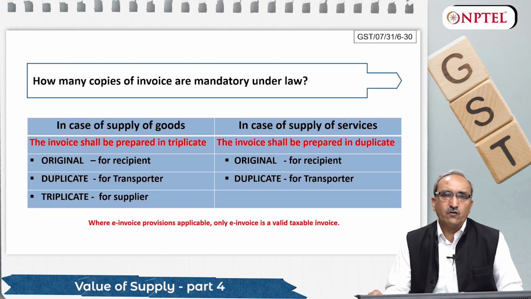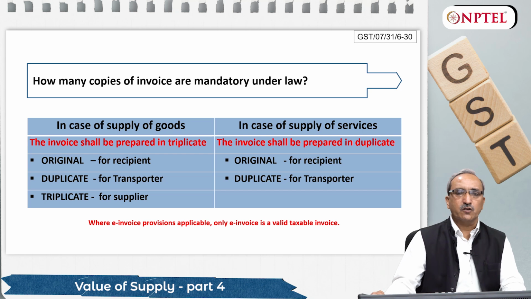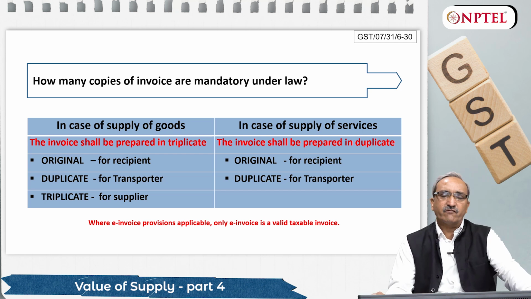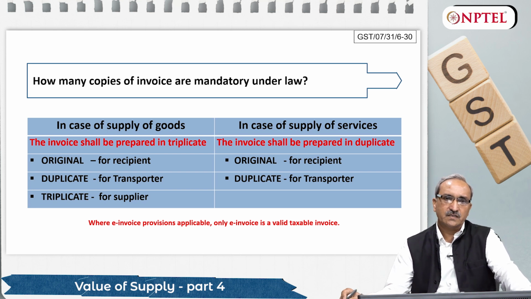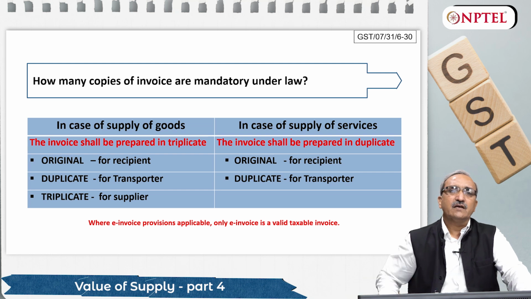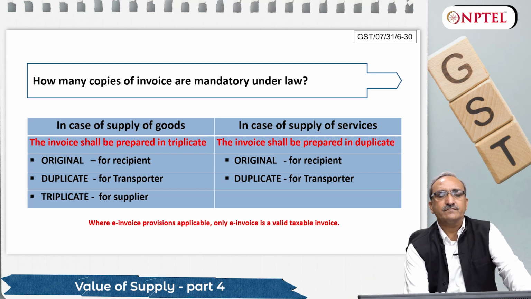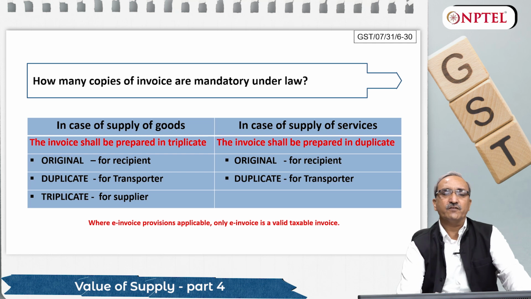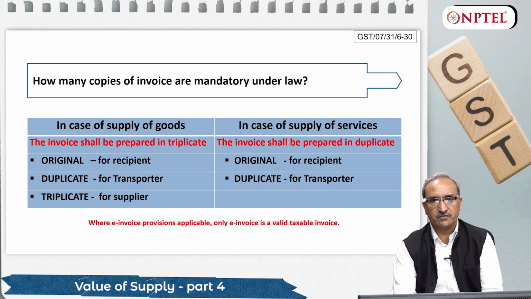So friends, whenever you are supplying goods to your customer and we are generating invoices, practically it happens that goods are moved in trucks, and as I told you, goods cannot move out of the factory without a document called invoice. So it means one copy of the invoice is required by the truck driver.